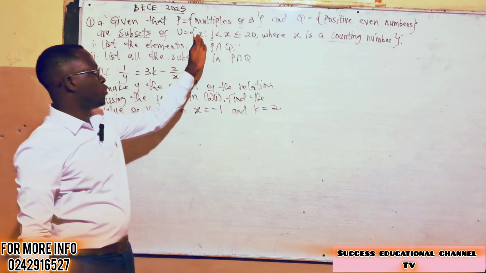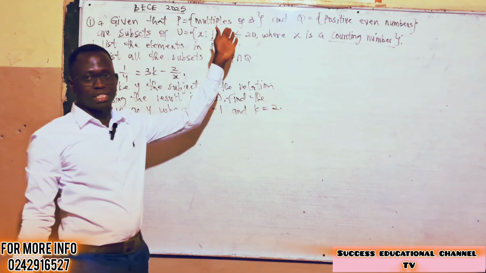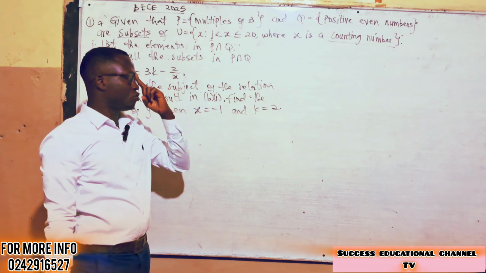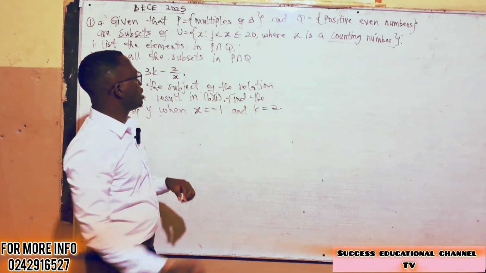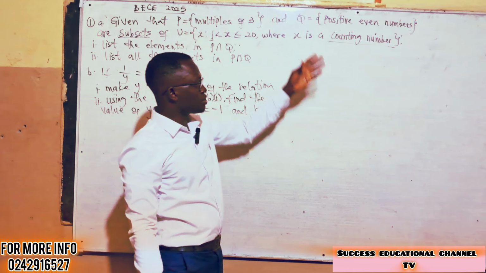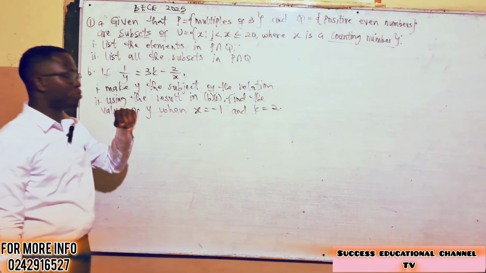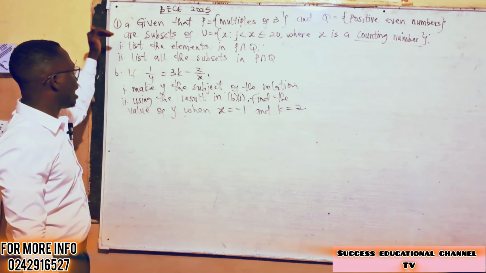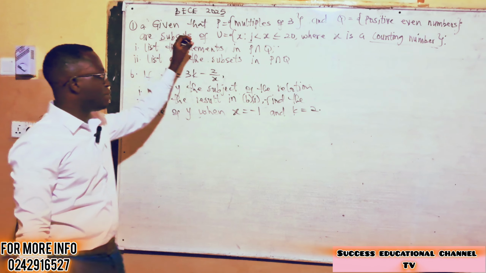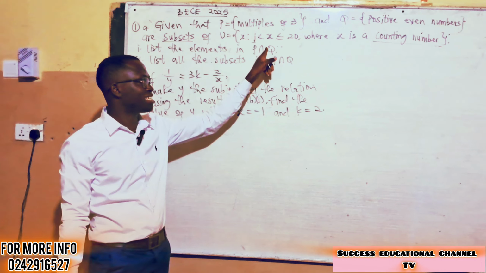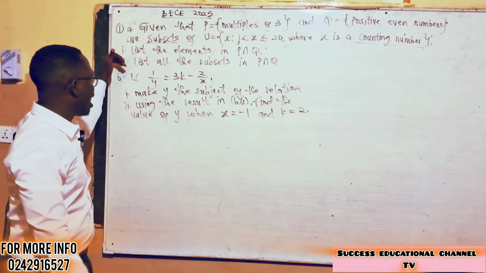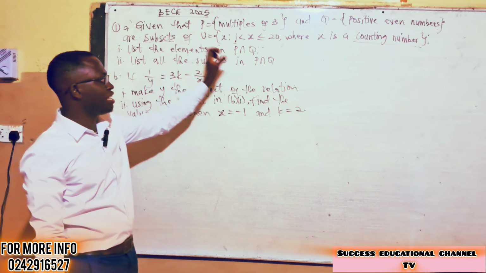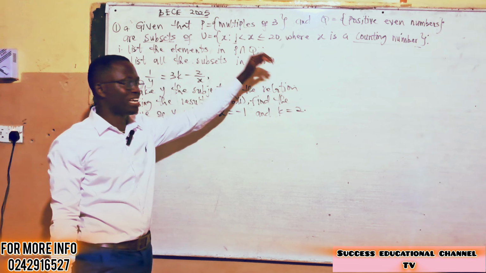Over here, this set builder notation is one way of representing sets. Now let's read the question. I, list the elements in P intersection Q. II, list all the subsets in P intersection Q.